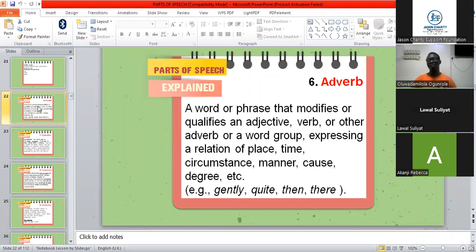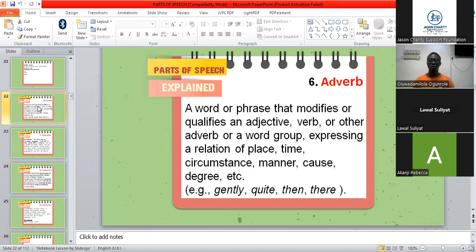Sometimes you can use an adverb of manner and say she danced very well. How did she dance? She danced very well. You can use that also as an adverb of degree to tell us the intensity of how she danced, using the word well in it. Because of our time, I would like to rush through it.